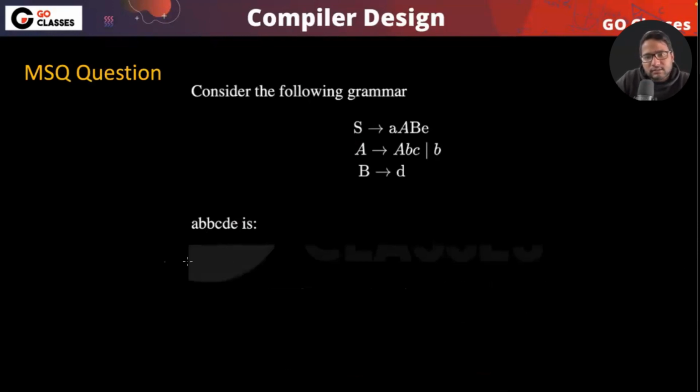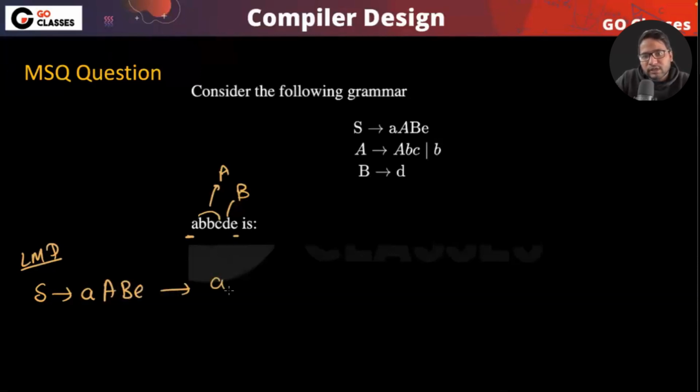See, I think this is the same grammar that we have. This is A, this is E, this should be D, right? This should be B, and then this should be capital A. Okay, this whole thing should be capital A. And then ultimately this is S. Okay, anyway, so let's do the LMD, leftmost derivation.